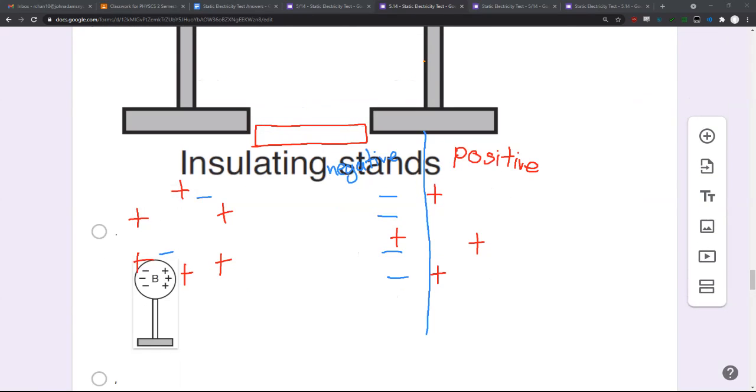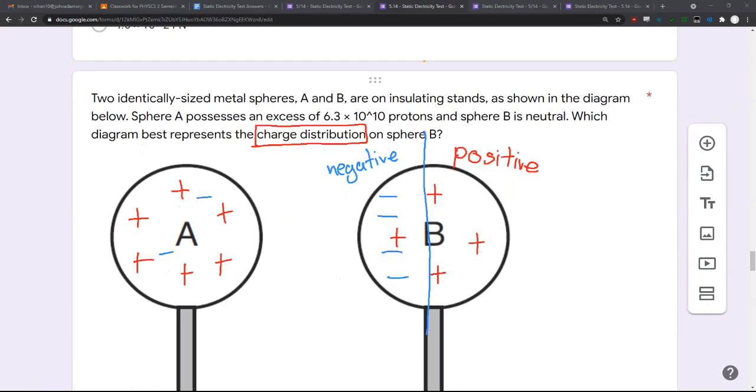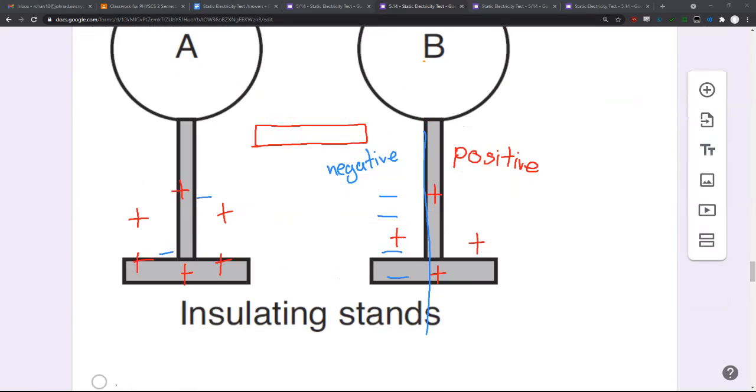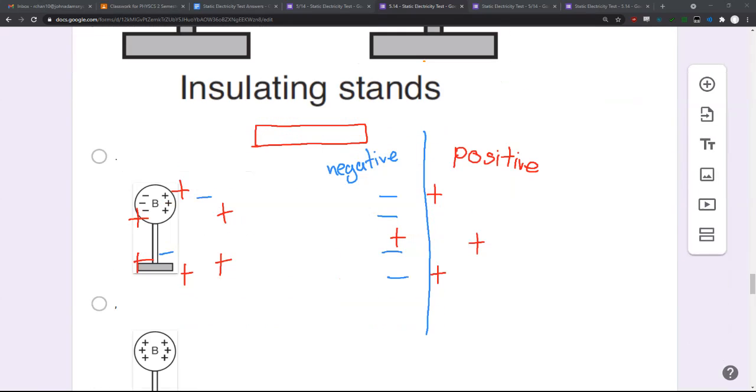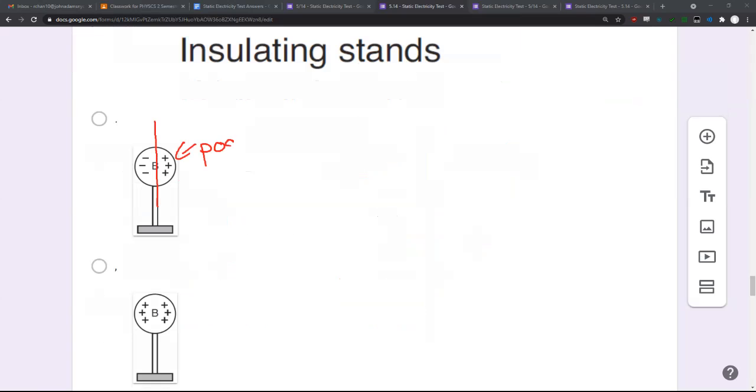These diagrams aren't showing you the placement of the charges. They show you the charge distribution, the overall charge. So this is saying that one side is positive and the other side is negatively charged.